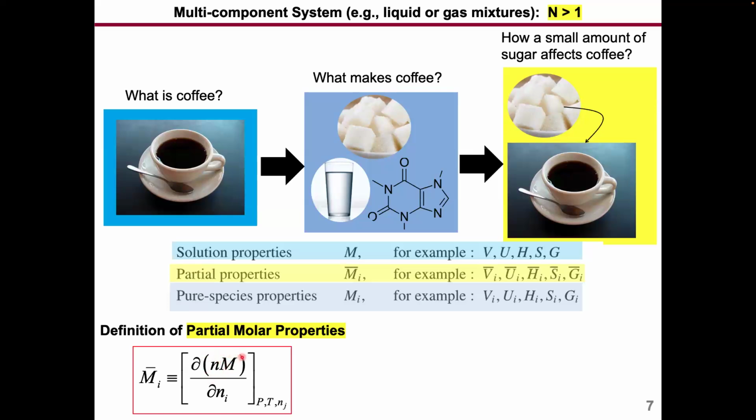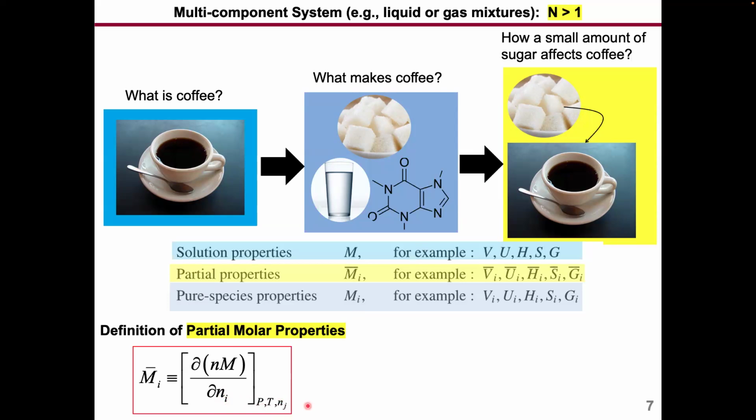We are trying to see how this total energy, the internal energy, is changing with respect to Ni. Here we are increasing the moles of sugar, so partial Ni.